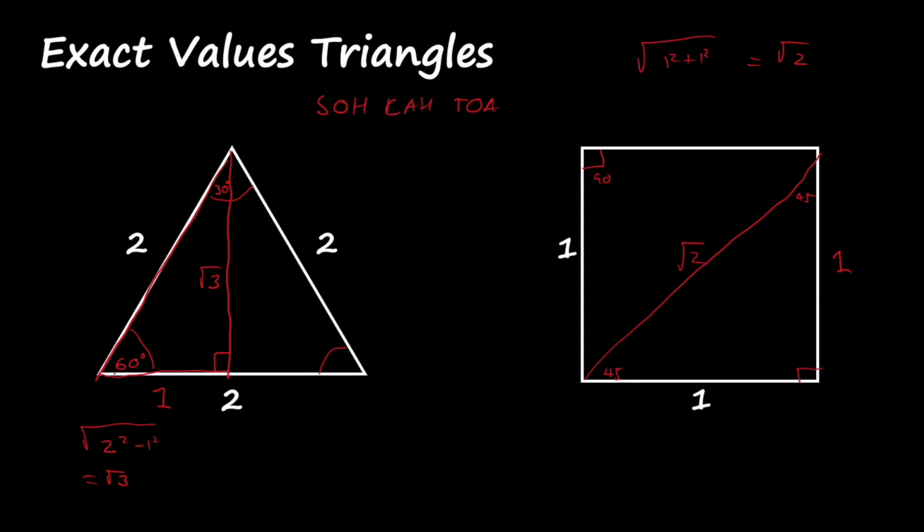I know that sine is equal to opposite over hypotenuse. So what's opposite 60 degrees? It's root 3, and the hypotenuse is 2. So sine 60 is equal to root 3 over 2. What if I said sine 30? Well, that would still be opposite over hypotenuse, so that's equal to 1 over 2. And so on for all these different angles.